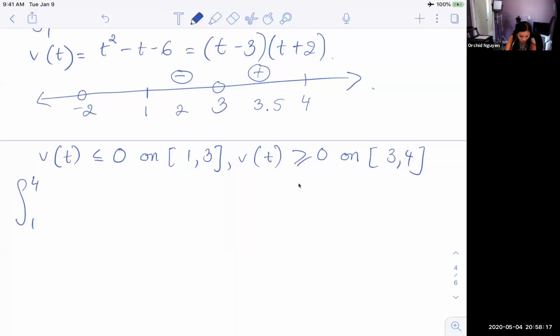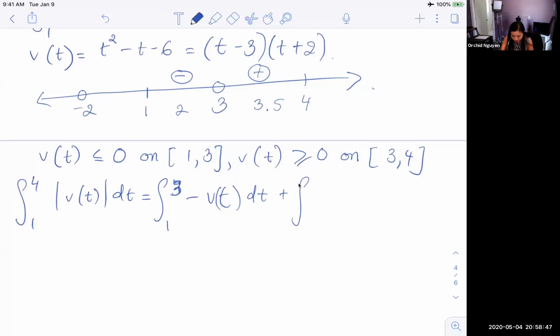So from 1 to 4, we have to break it because one part is negative and one part is positive. I'm sorry, from 1 to 3, we have a negative v of t dt. And then from 3 to 4, we have a positive v of t dt.